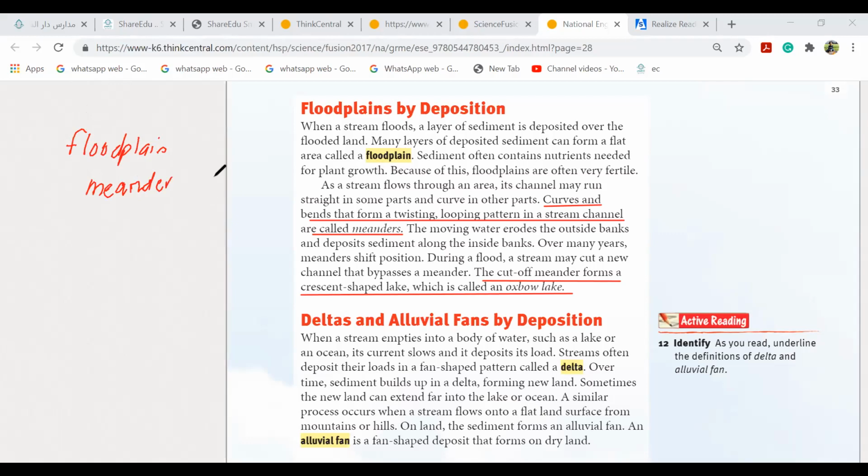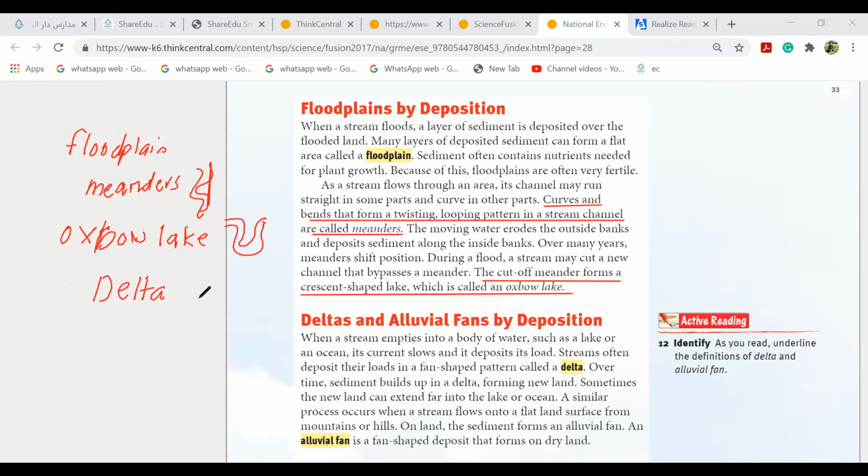Meanders are a simple U shape. Oxbow lake will be a separate cut. Then delta; these are the formations by water erosion.